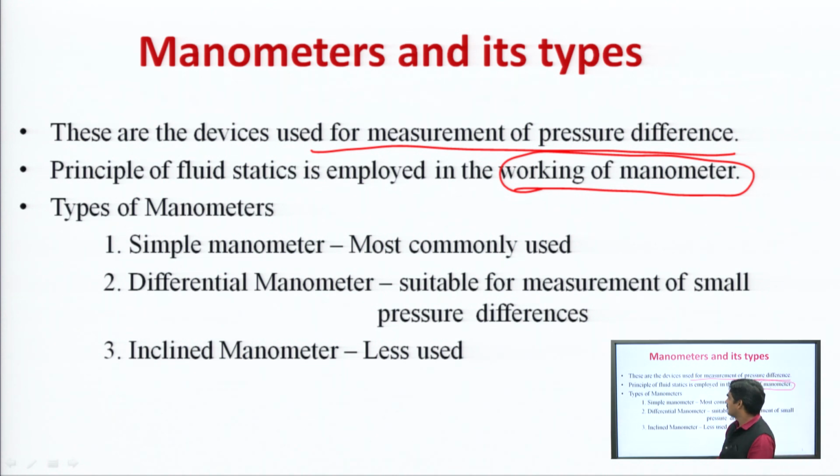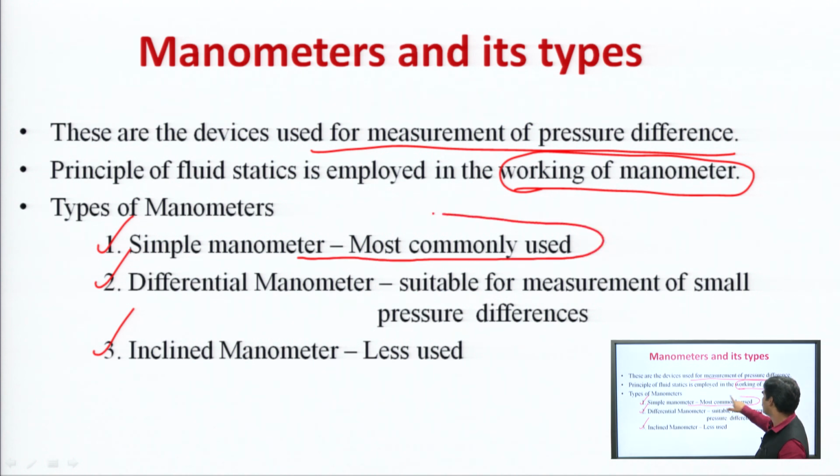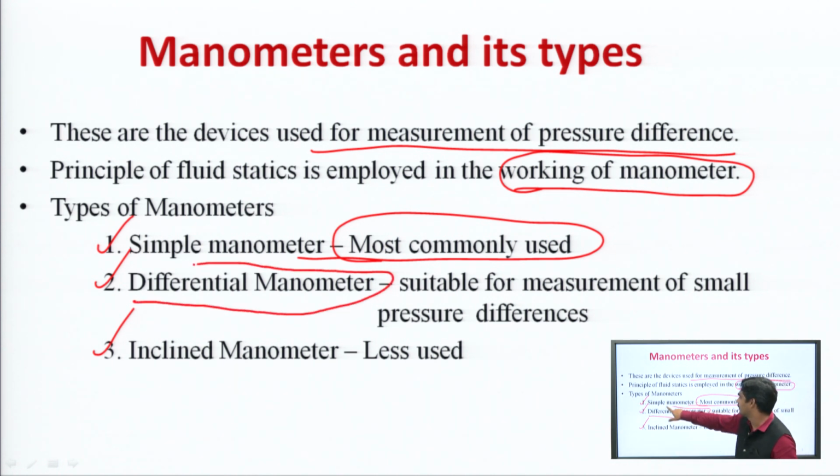Manometers are basically classified into 3 categories. First one is simple manometer, second one is differential manometer and third one is inclined manometer. Simple manometer is the most commonly used manometer, used frequently for the measurement of pressure difference. Second type is differential manometer.